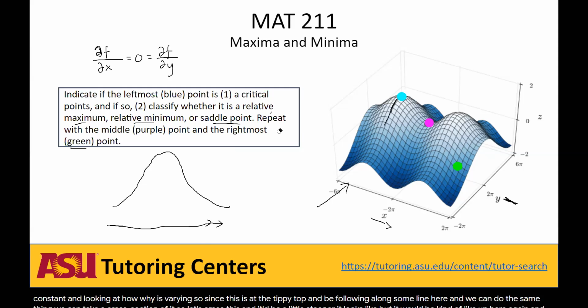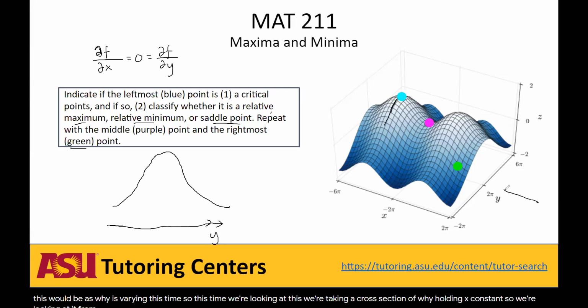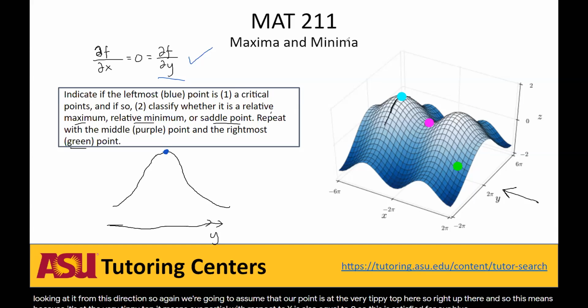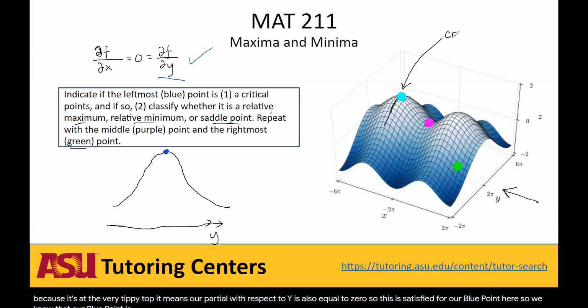As y is varying this time, we're taking a cross section of y holding x constant, looking at it from this direction. Again, we assume our point is at the very tippy top, so our partial with respect to y is also equal to 0. So this is satisfied for our blue point, and we know that our blue point is a critical point.